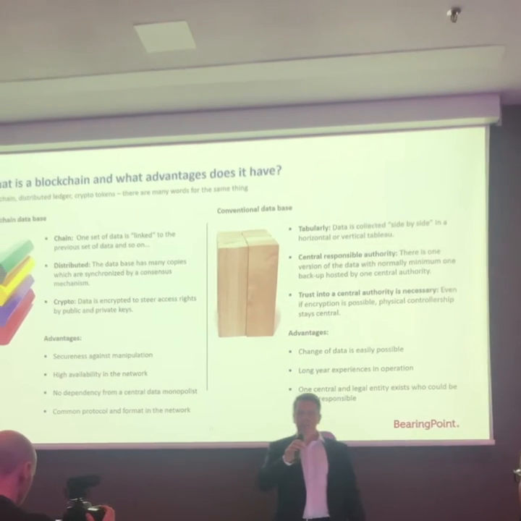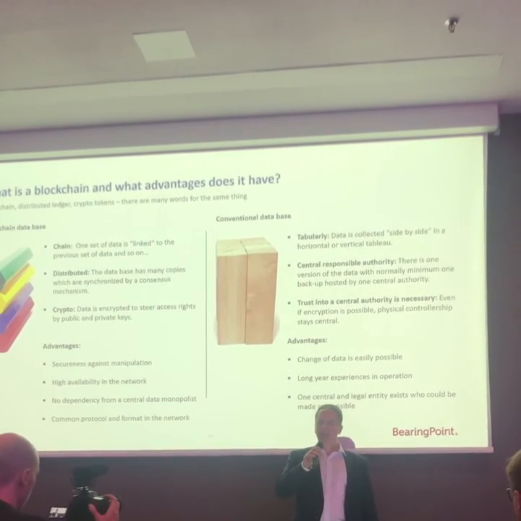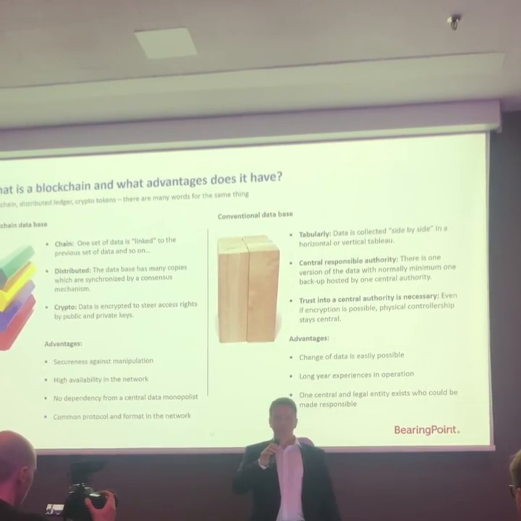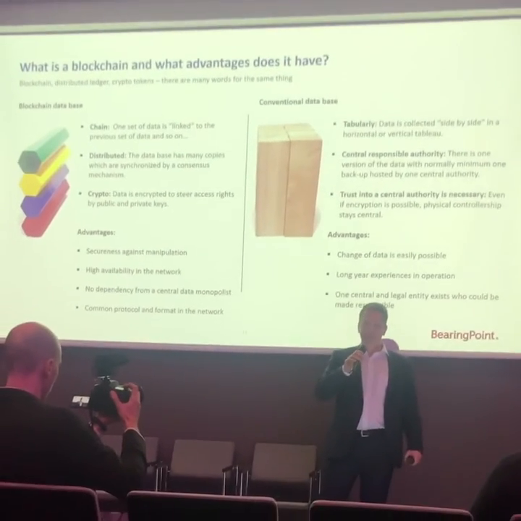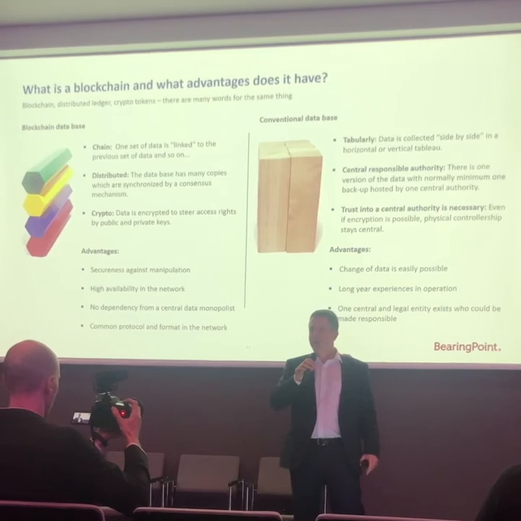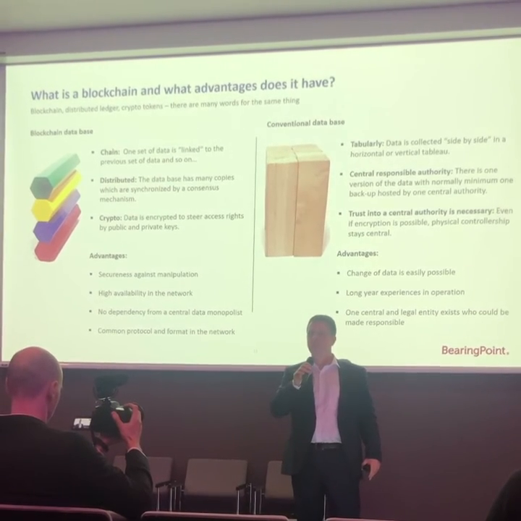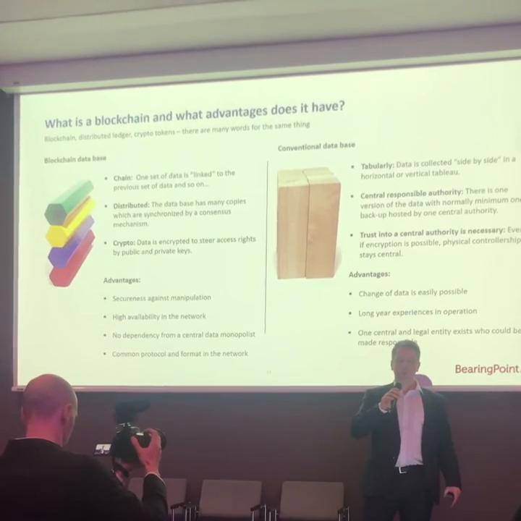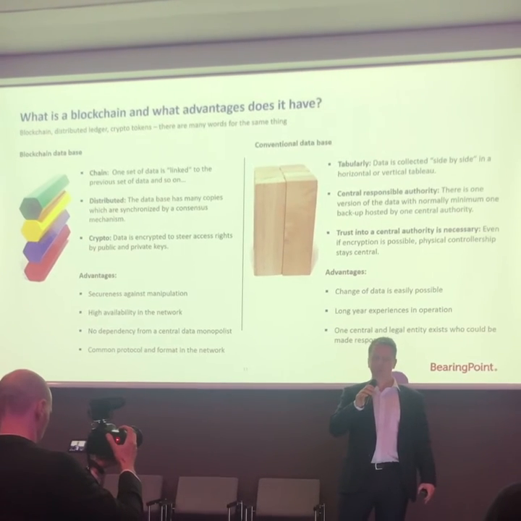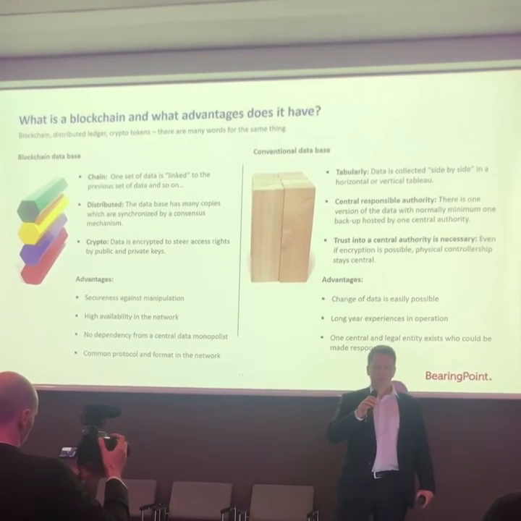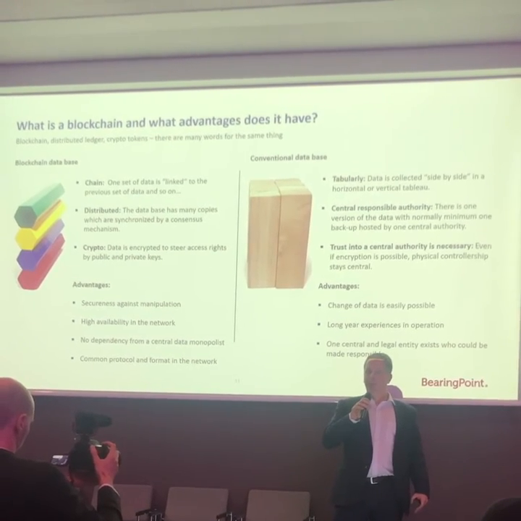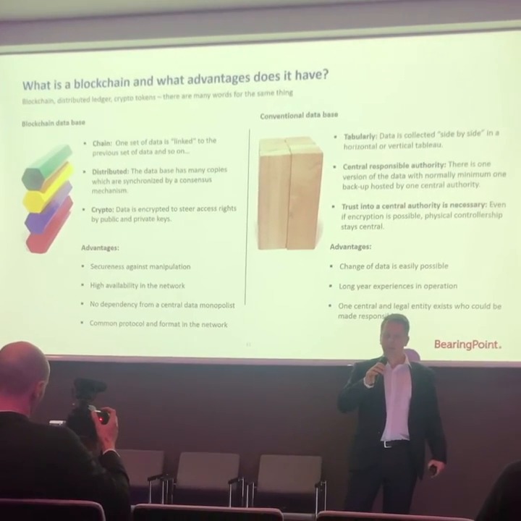It's chained, sets of data are chained, the data is distributed, and the data is encrypted. And you can find it in the synonymous words for blockchain. You say distributed ledger, you say crypto token. So these 3 attributes are what a blockchain is.